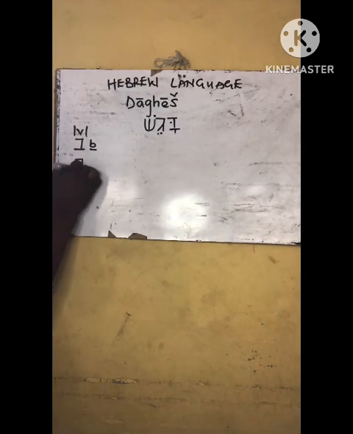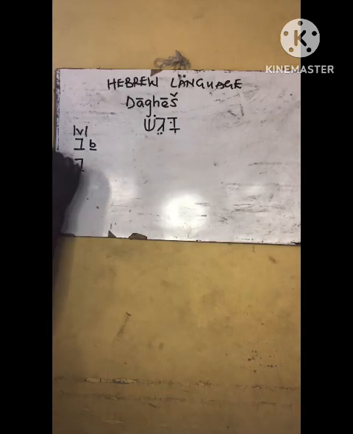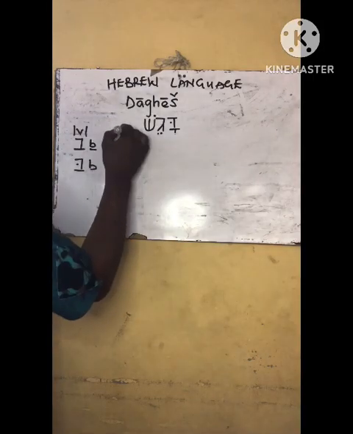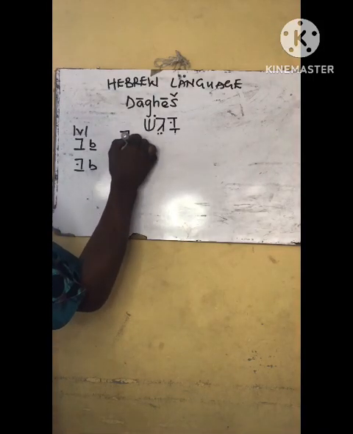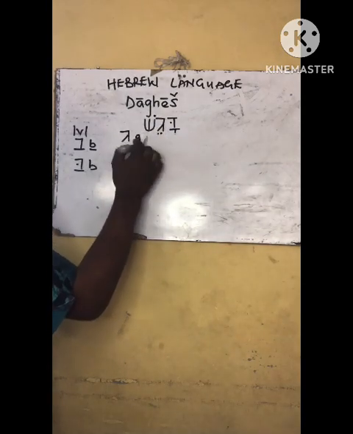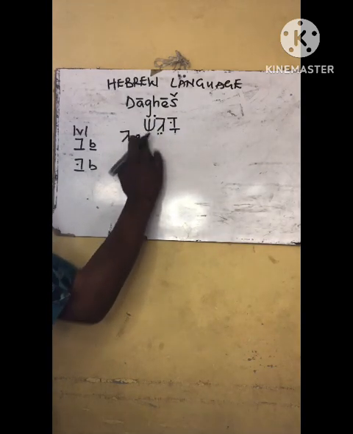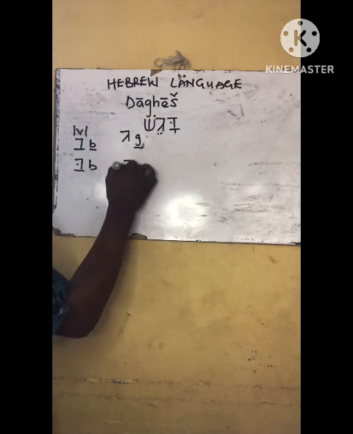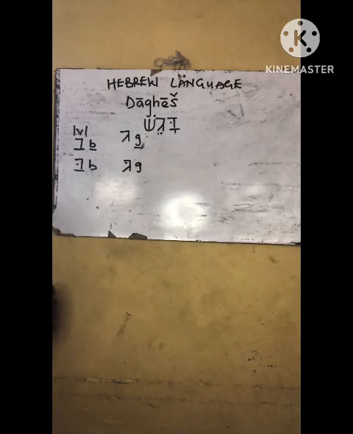The second form is a B with a dot. The second one is gimel, which is simply G with a line under it. It's very soft and transparent, and the second one is Dāghēš, not transparent, it is hard.